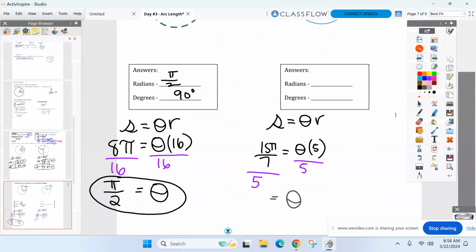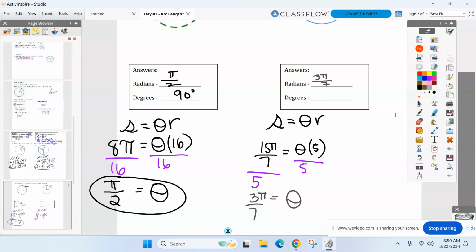Stephanie, going back to you. Whoa, you're giving me degrees right now. I just want radians in terms of pi. What do you got? 3 pi over 7, good. And now change that into degrees.